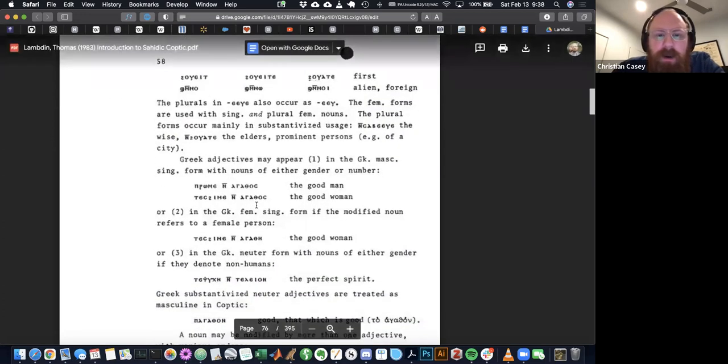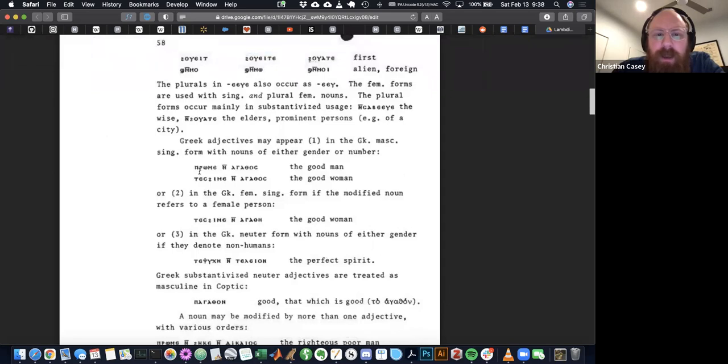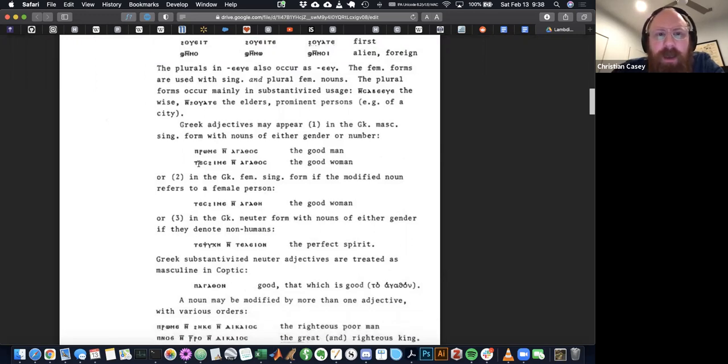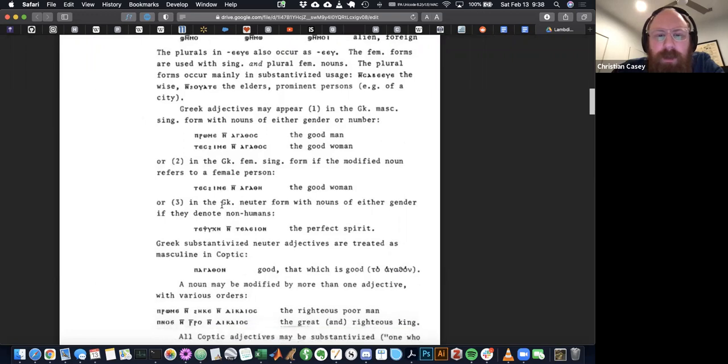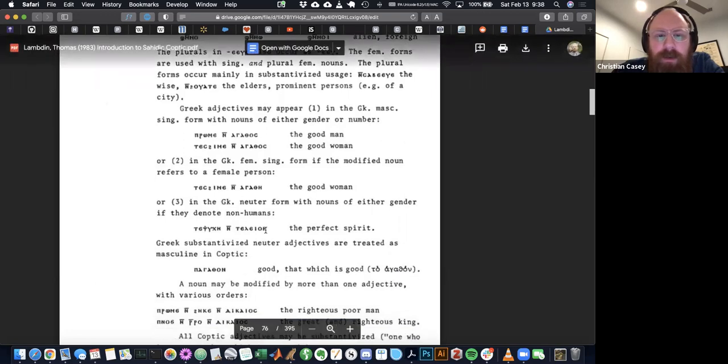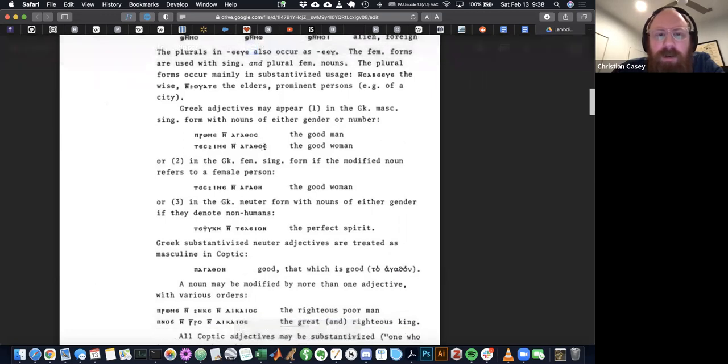Greek adjectives are kind of neat because if it's a human, you get the masculine singular, so the os ending for the most part. And if it's inanimate, here you get the on ending.